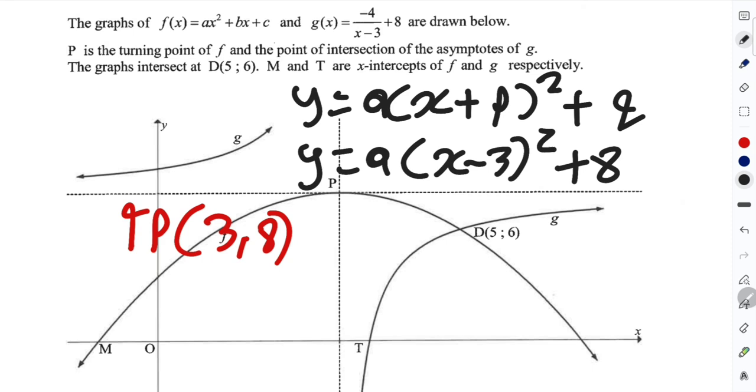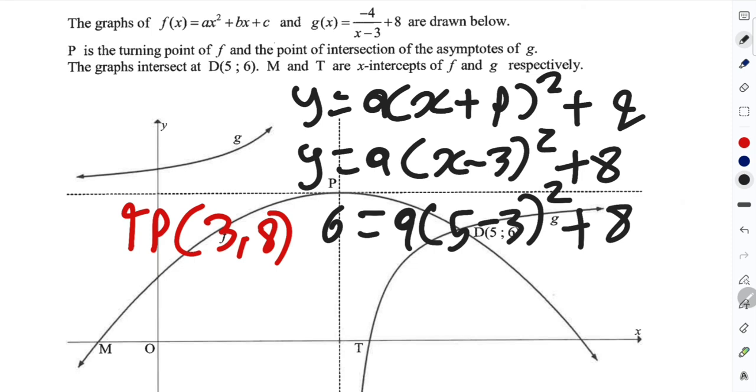Then I want to solve for a. To solve for the value of a, I can take any point on the graph of f of x. The point that I have here is 5 and 6, which is d. So I'm going to take 6 as y. 6 equals a times (5 minus 3) squared plus 8.